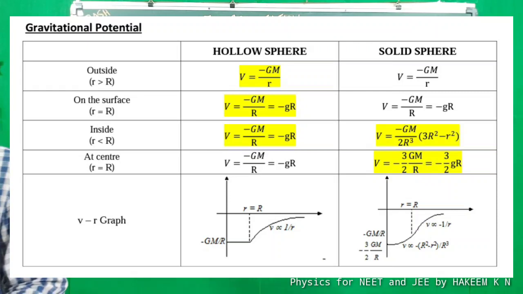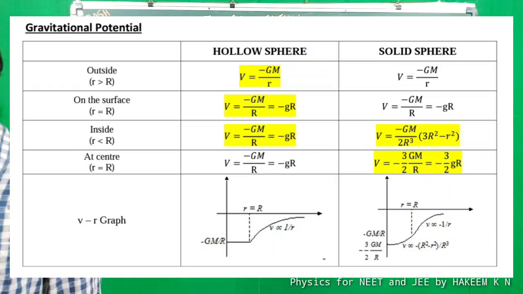So gravitational potential at the center of the solid sphere is minus 3 by 2 into V surface. You can see the graph there.